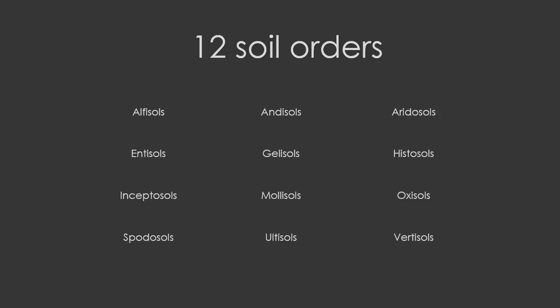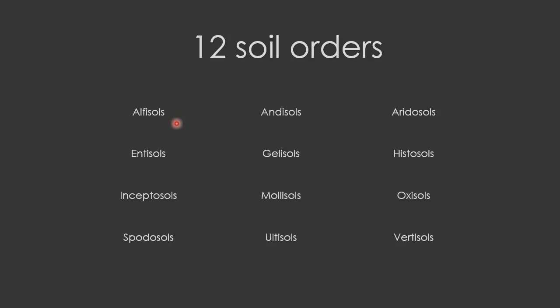And so with that, we tend to classify the different types of soils on our planet with the 12 orders. So we have alfisols, andisols, aridisols, entisols, gelisols, histosols, inceptisols, mollisols, oxisols, spodosols, ultisols, and vertisols.